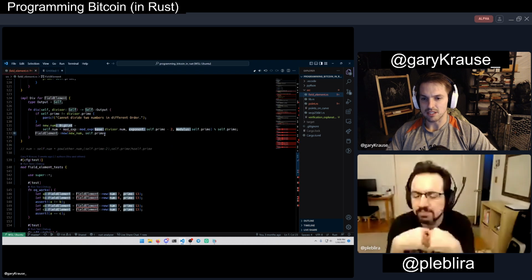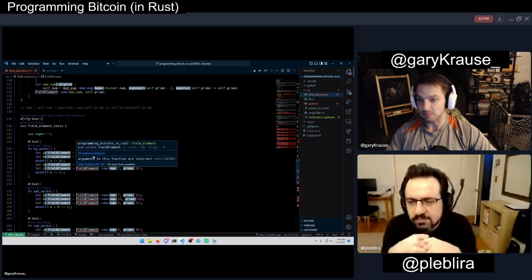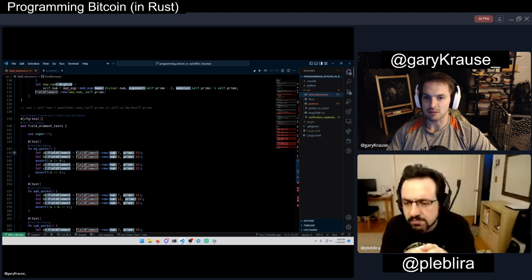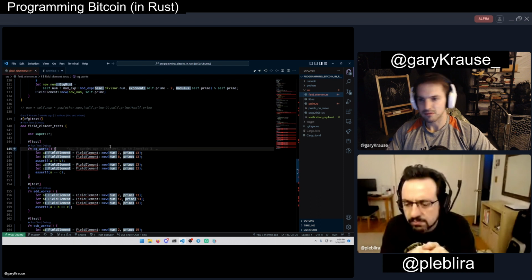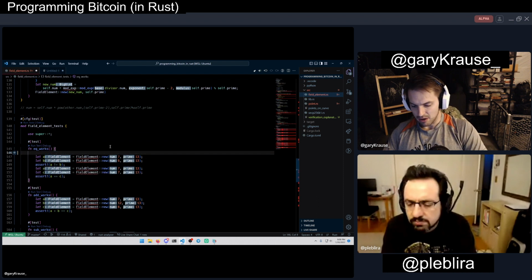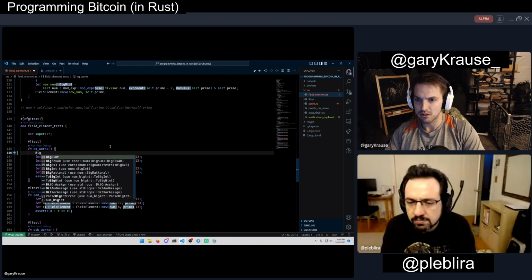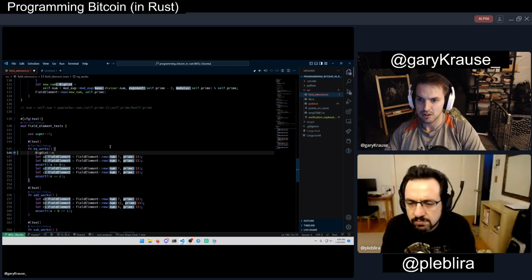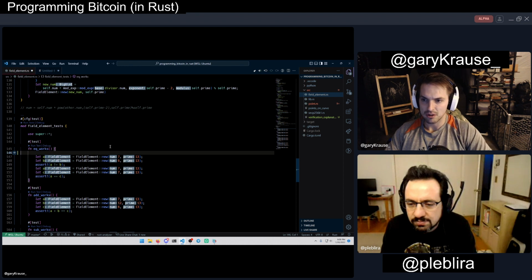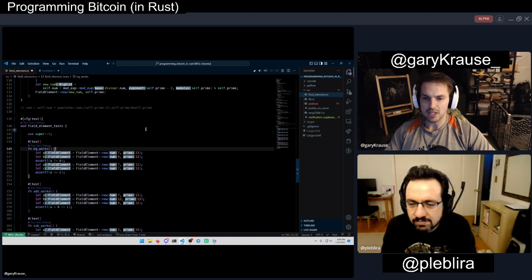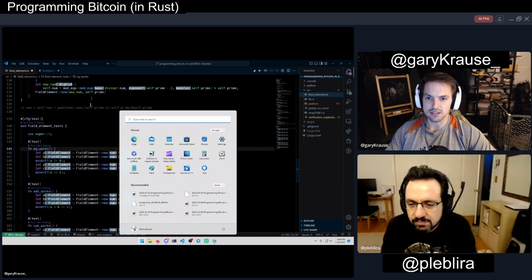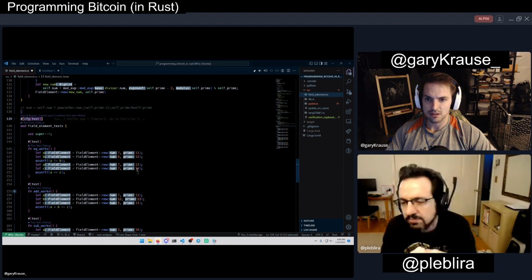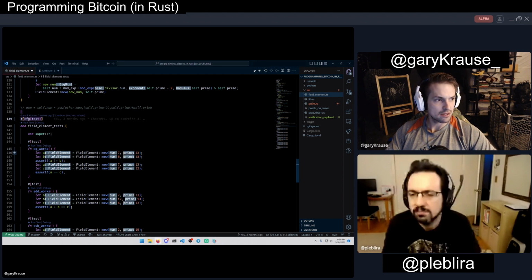Okay, so we got all kinds of errors in here that we can refactor. So that's fine. Let's get to some refactoring and see how far we can get. Let's look at the docs to do this, might be a better idea.